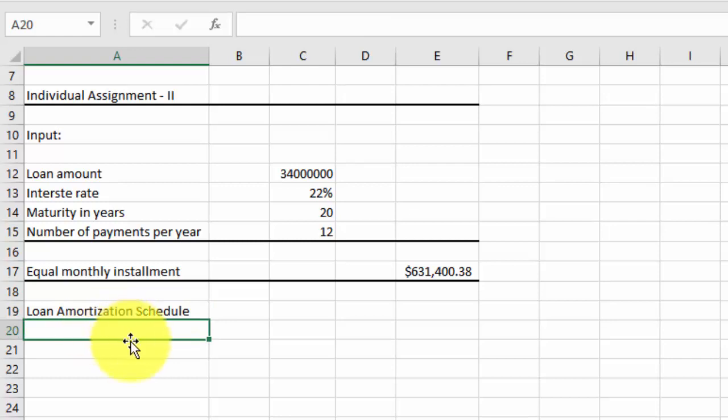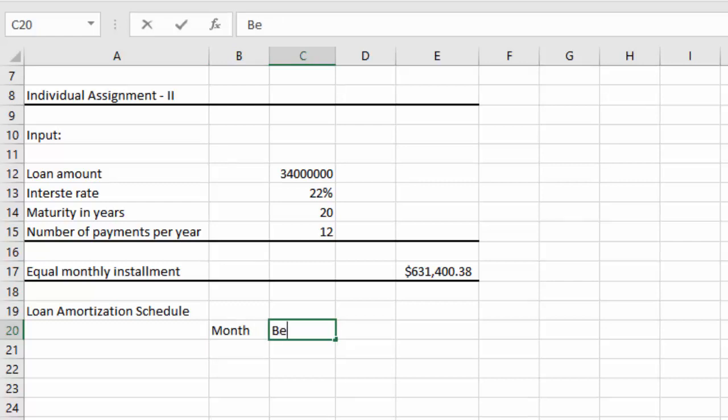Okay, so in the loan amortization schedule we will type in the column headings first: month, then beginning balance. I'm just writing BEG. BAL. for beginning balance.